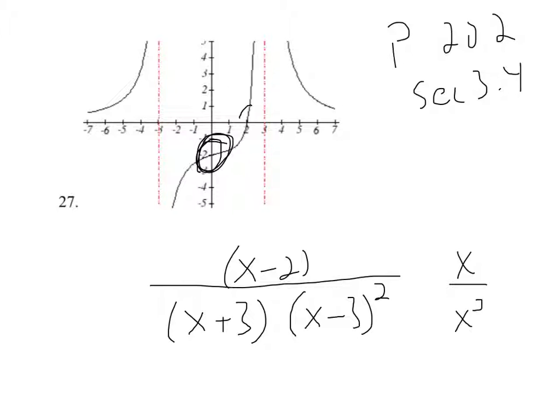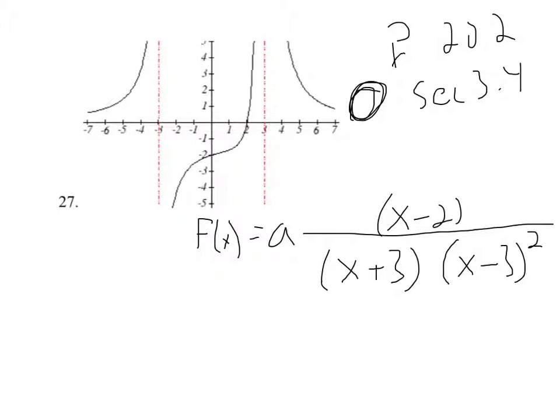So I've got some number a that I'm going to multiply by, and this is how I'm going to get that a. That vertical intercept is the coordinate (0, -2). X is 0 and y is -2, so f of x equals -2, and I don't know what a is, but if I substitute in 0 here, 0 here, and 0 here, that's going to give me -2 over 3 times 9, because -3 squared is 9, which gives me -2 over 27.